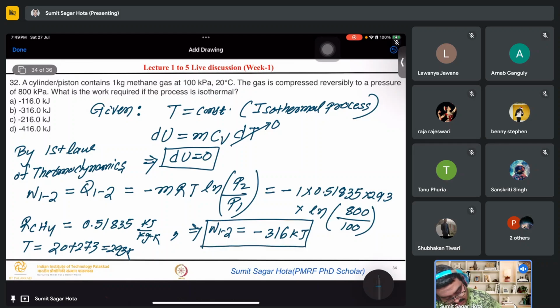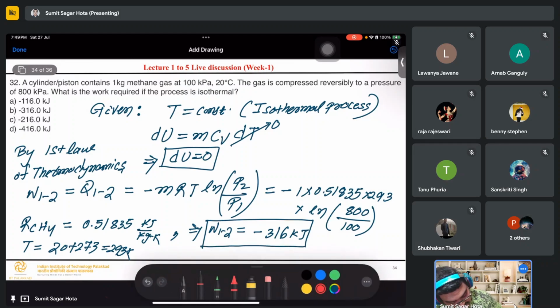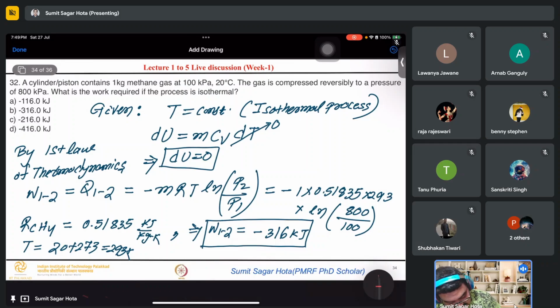In the options, plus and minus signs are also mentioned. So what does this minus sign mean?